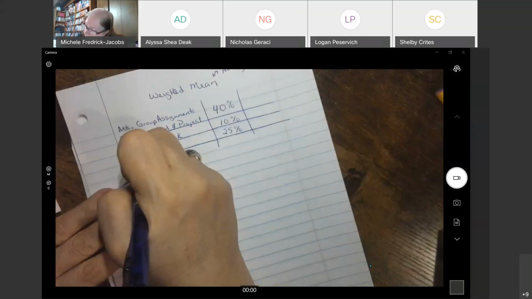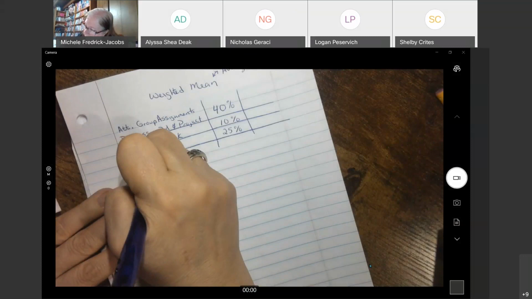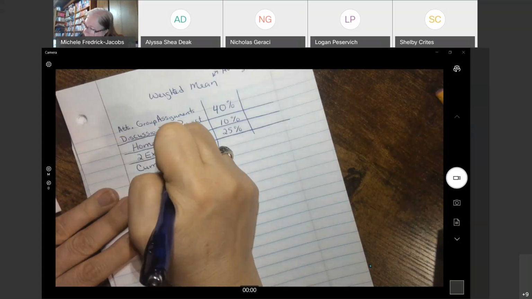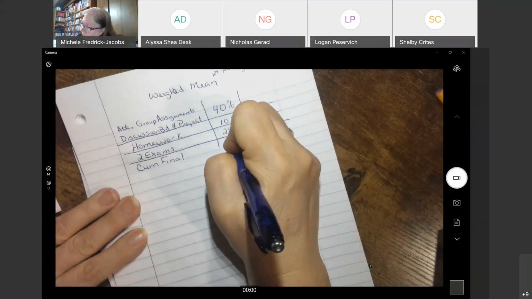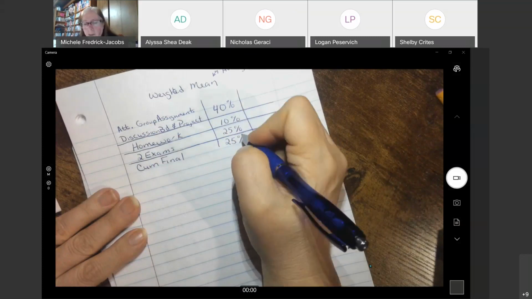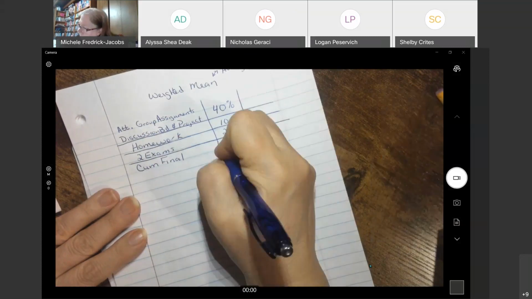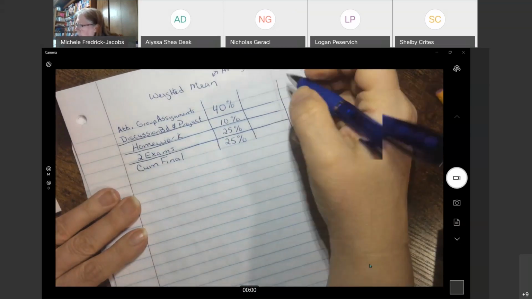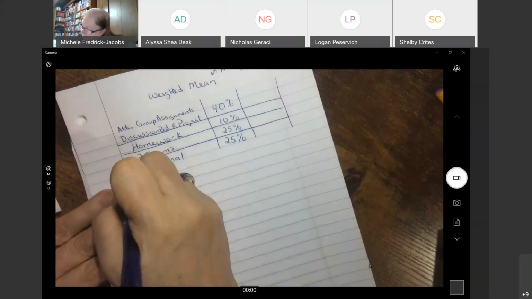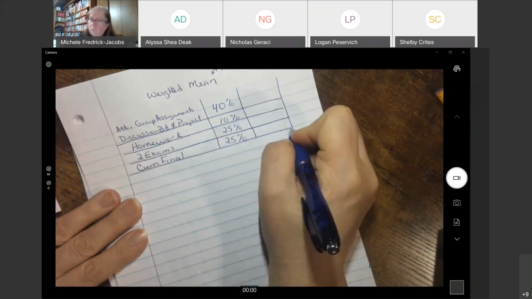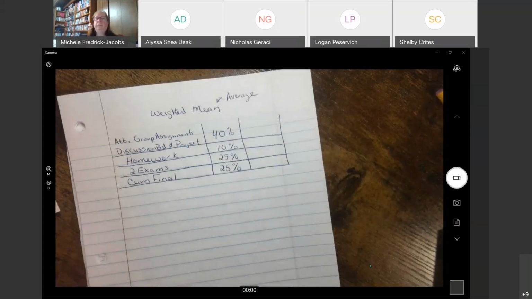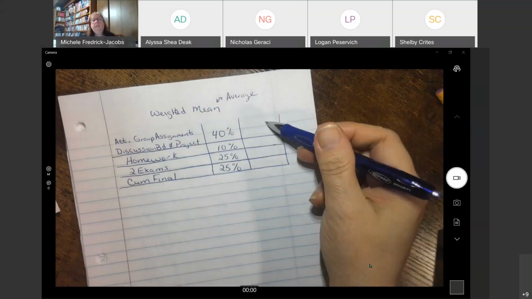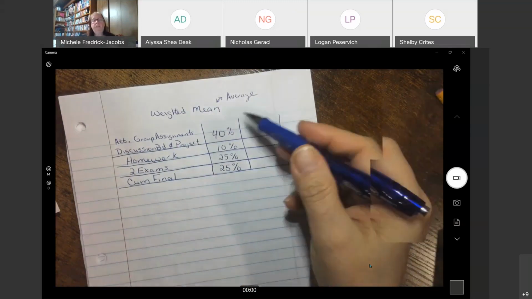And then the cumulative final, which is also 25% of your grade. So if we know what these grades are, this is how it finds your grade.